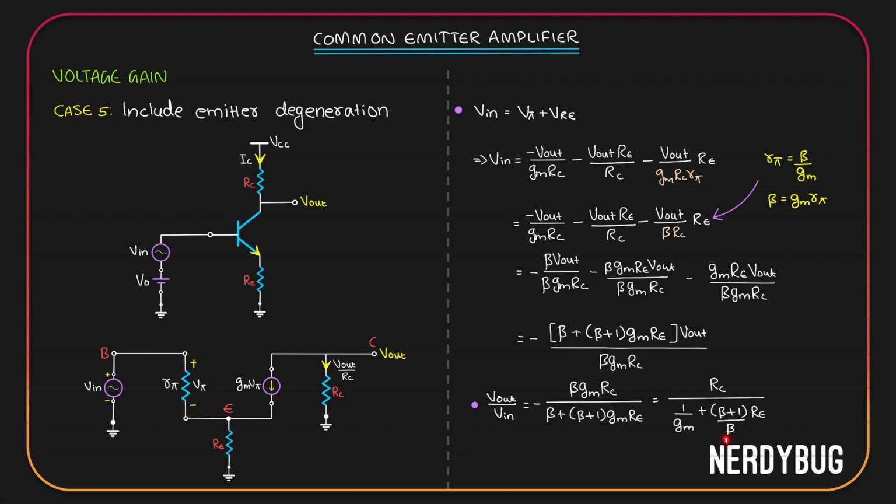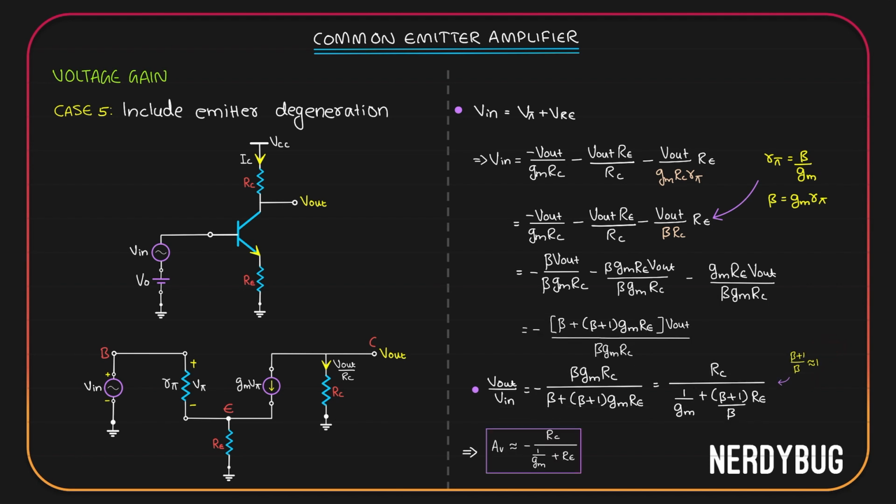Now we know beta is supposed to be a large value. As an average, if you take 125, (beta plus 1) by beta will be 126 divided by 125, which is approximately equal to 1. So we can take (beta plus 1) by beta to be approximately equal to 1. Then the gain will become negative of RC divided by (1 by gm plus RE).